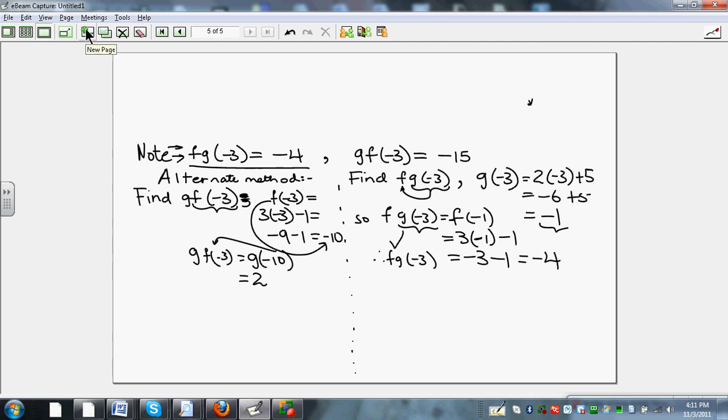So you get 2 by minus 10 plus 5, which would be equal to minus 20 plus 5. And minus 20 plus 5 is minus 15. So therefore, we could say that gf of minus 3 is equal to minus 15. And minus 15 is what we got for it up here. So we know that what we did is absolutely correct.